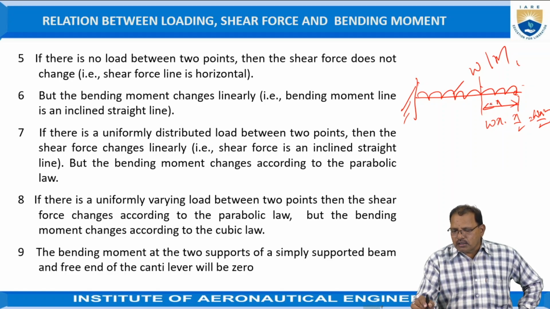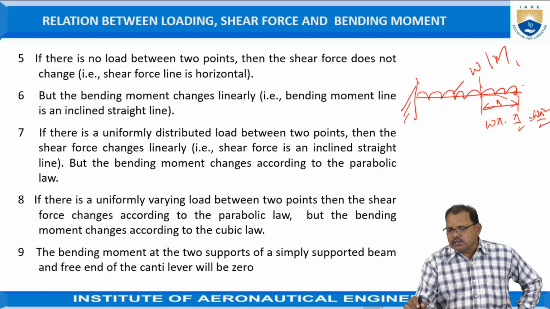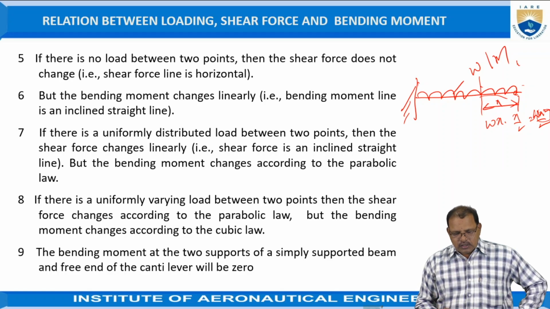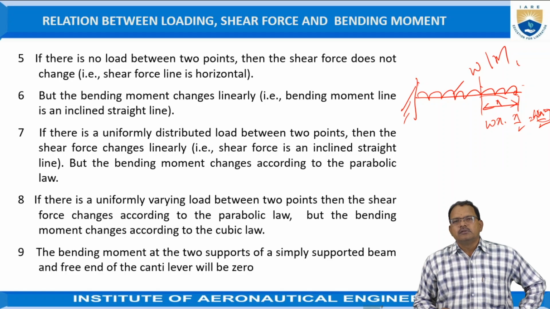But this curve, joining these points, since it depends upon the square of the distance, is known as a parabolic curve. But when the beam is subjected to gradually uniformly varying load, the bending moment depends upon the cube of the distance between the points considered.